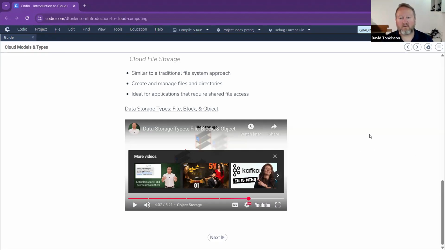Anyone got any questions around the storage types? Careful with the word cloud there, Victor. Victor says, so object-based is for cloud because it's easy to be accessed by HTTP.